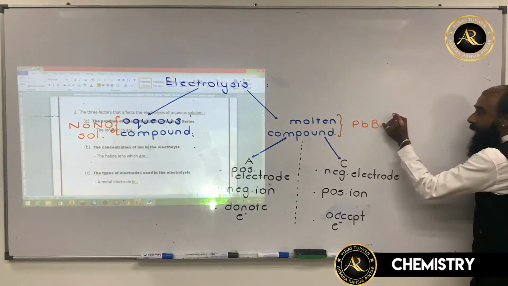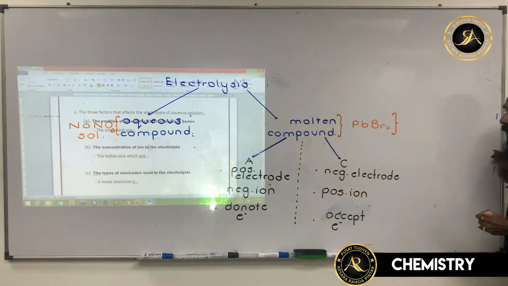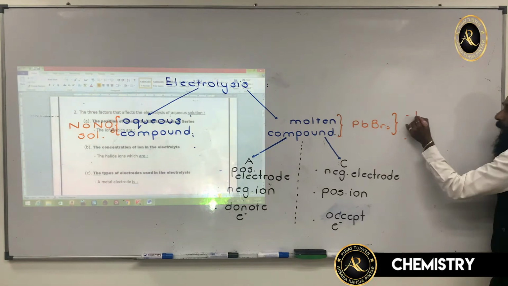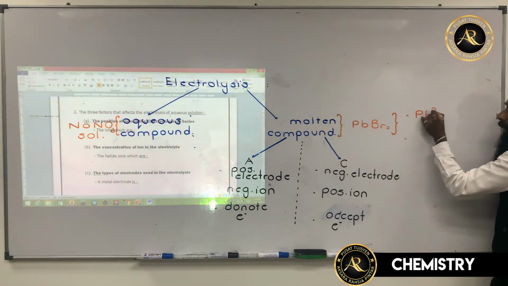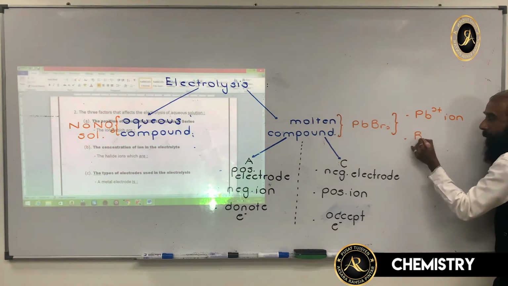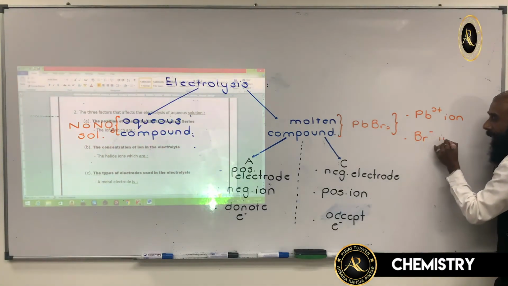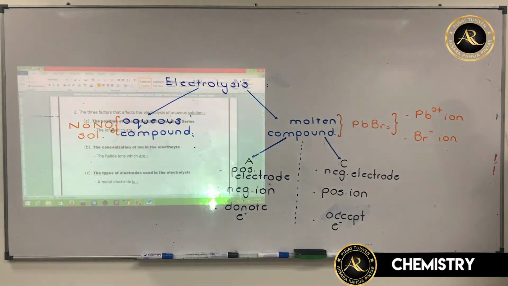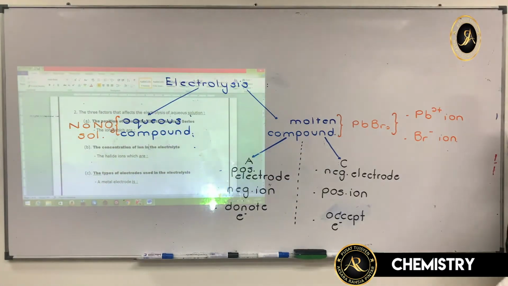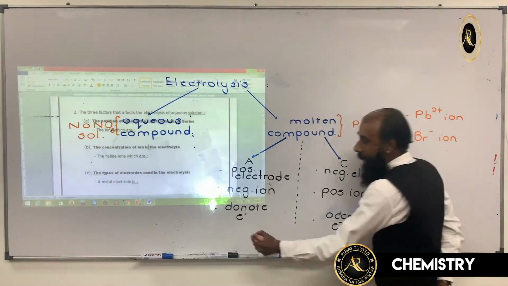Okay, now we're going to see what happens when we are using molten lead(II) bromide. The ions inside are two opposite ions: one is called lead(II) ion and the other bromide ion. So anode attracts negative ion. Which one is the negative ion here?